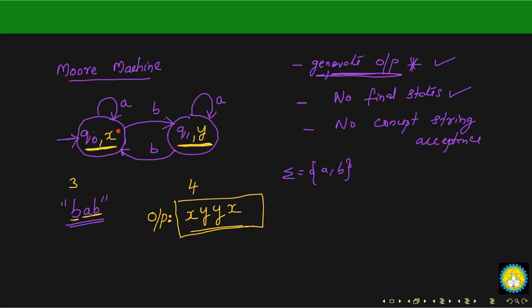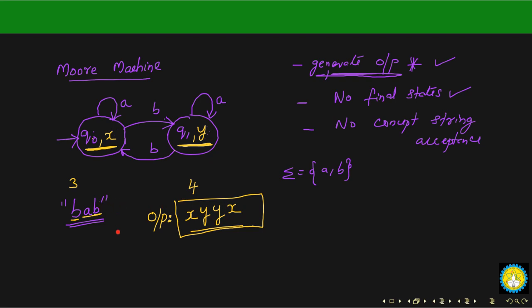Whenever you perform transitions, since there are three characters, B, A, and B, for all these 3 characters we will get some other output. For the first B transition we got this Y as the output. For the A transition we got this Y again. For the last B we got X as the output.